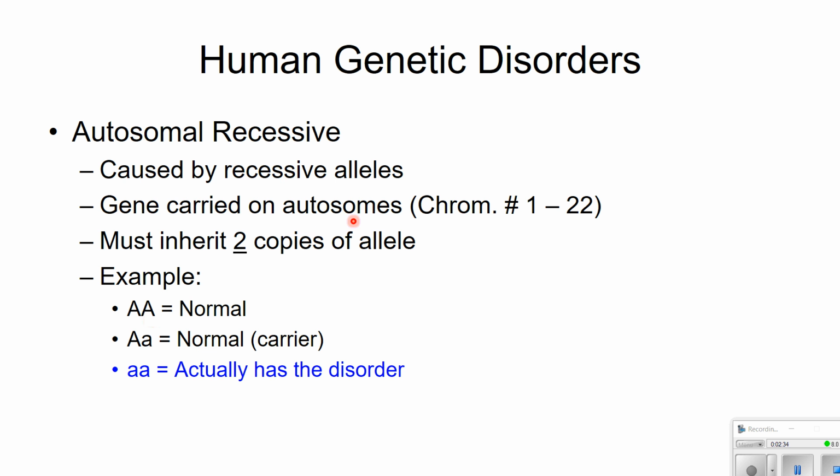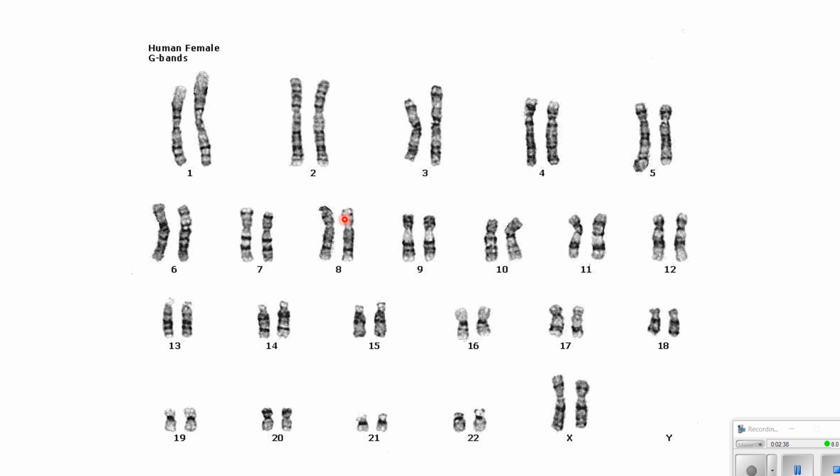Now let's talk about this word autosomal. It comes from the word autosome, and just as a reminder, all of your chromosomes that you inherited from your parents are autosomes except for the 23rd pair, which is either XX if you're female, or an X and a Y if you're a male.